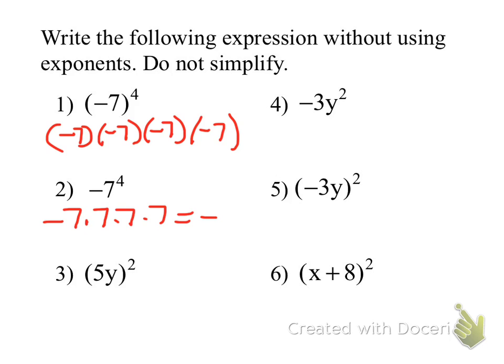They're asking you to write the following without using exponents. So 49. Okay, so the value of this one is negative 2401. But the value of the top one, what is it?